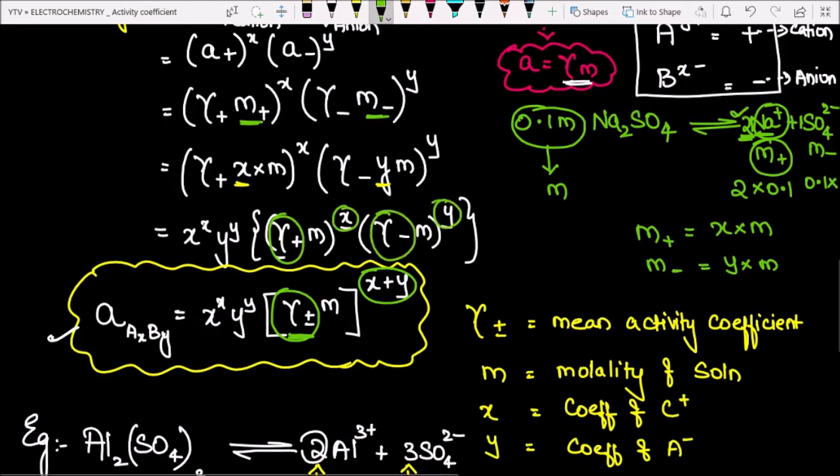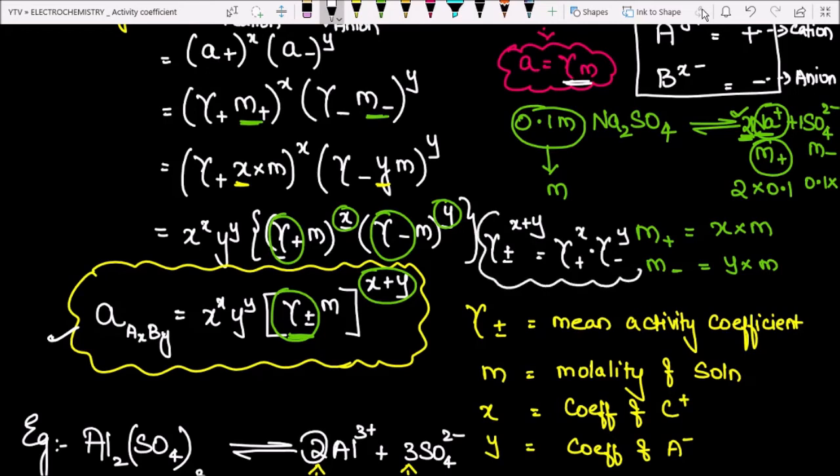That is also one separate formula. I'll write it over here. The formula is gamma plus minus power x plus y is equal to gamma plus power x into gamma minus power y. Just go in the backward direction: gamma plus minus power x plus y is nothing but gamma plus power x into gamma minus power y.